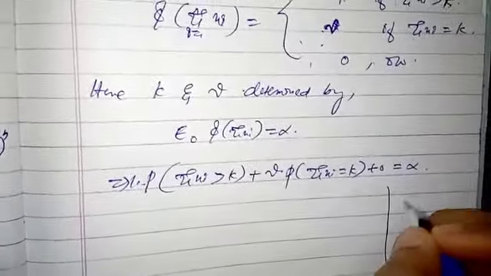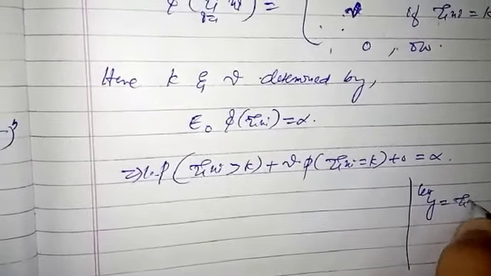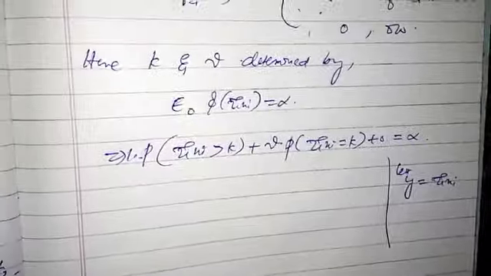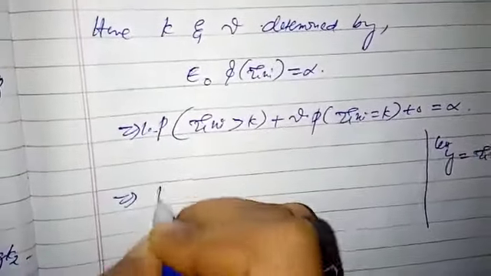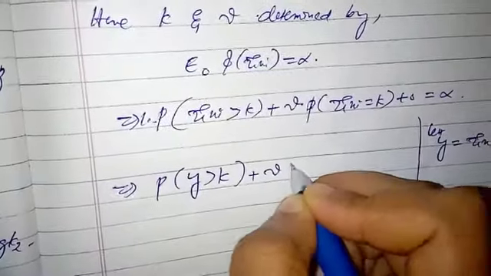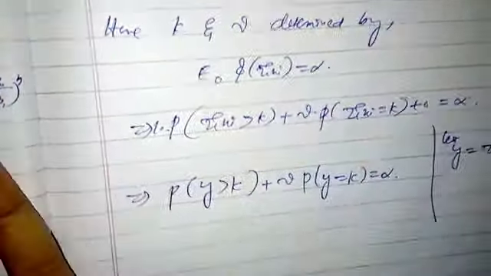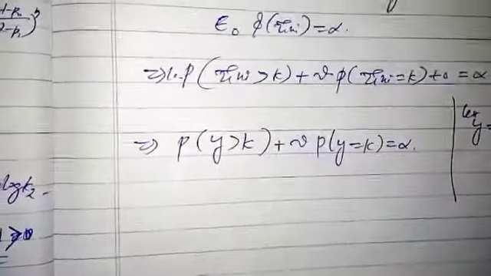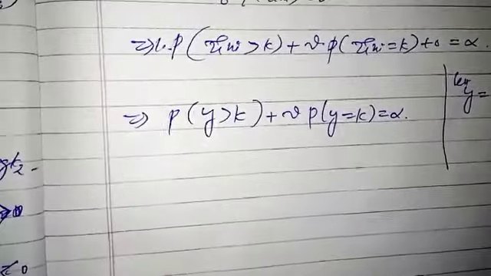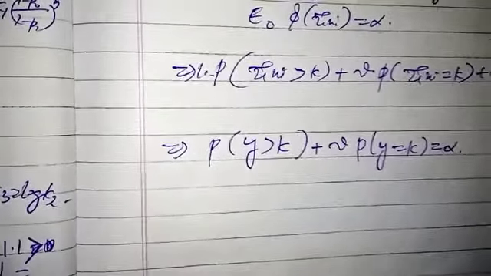So let us take y equal to summation xi, which implies probability of y greater than k plus gamma probability of y equal to k equal to alpha. So here we need to find out the values of k and also gamma, right? So we can use a cumulative density function for that.